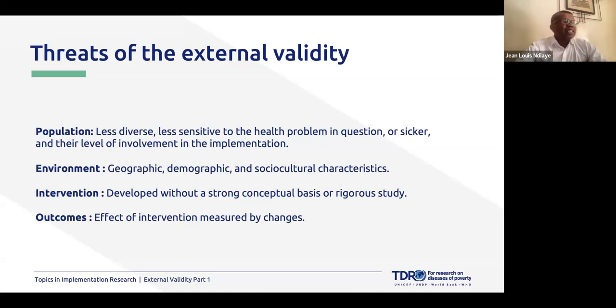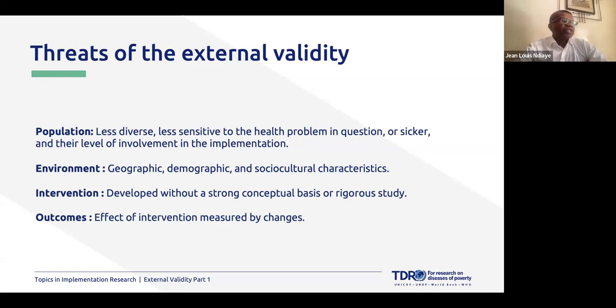Similarly, the settings may be more homogeneous, less diverse in their geographic, demographic, or sociocultural characteristics, with unique features that differentiate the settings of the choice of our original study context.